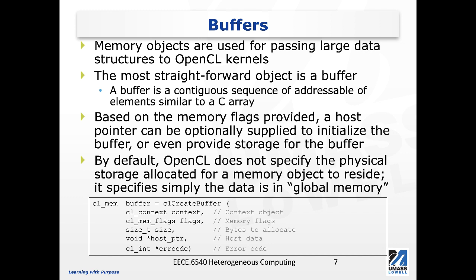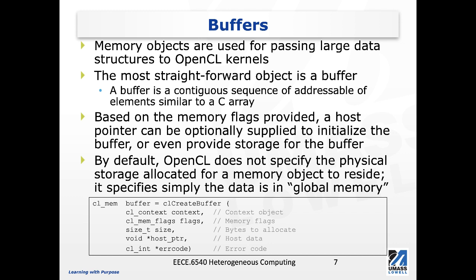Buffer is the memory object for passing large data structures to OpenCL kernels. And it's the very straightforward object that we commonly use in an OpenCL program. It is a contiguous sequence of elements similar to a C array. Although you don't have to have an array, you can have your own defined data structures in this 1D contiguous space.